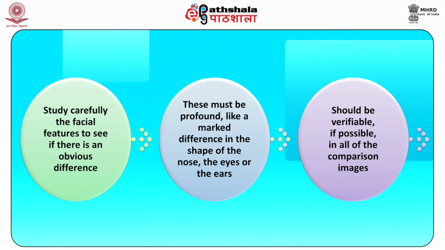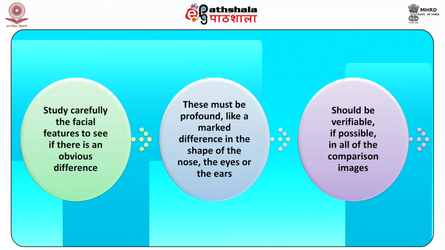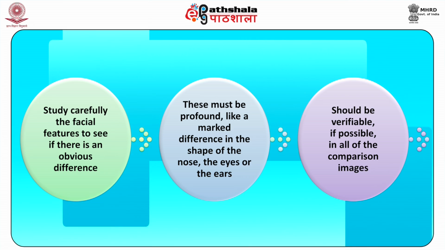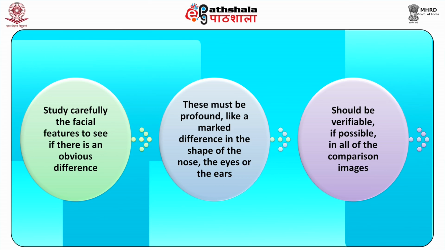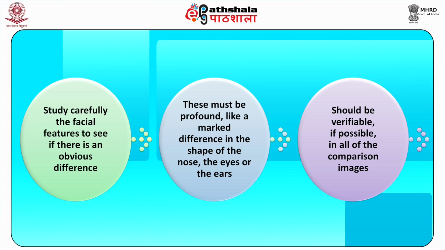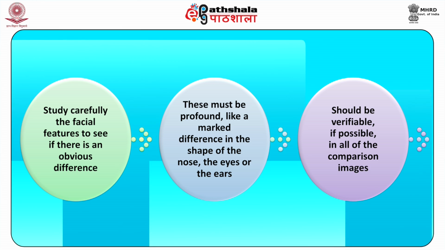The first action is to study carefully the facial features, or the facial morphology, to see if there is any obvious difference. These must be profound, like a marked difference in the shape of the nose, the eyes or the ears, and should be verifiable, if possible, in all of the comparison images.